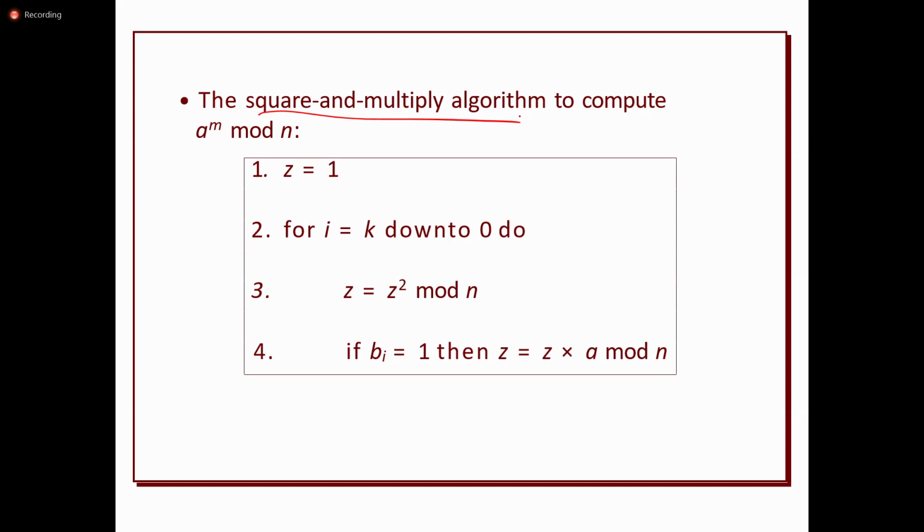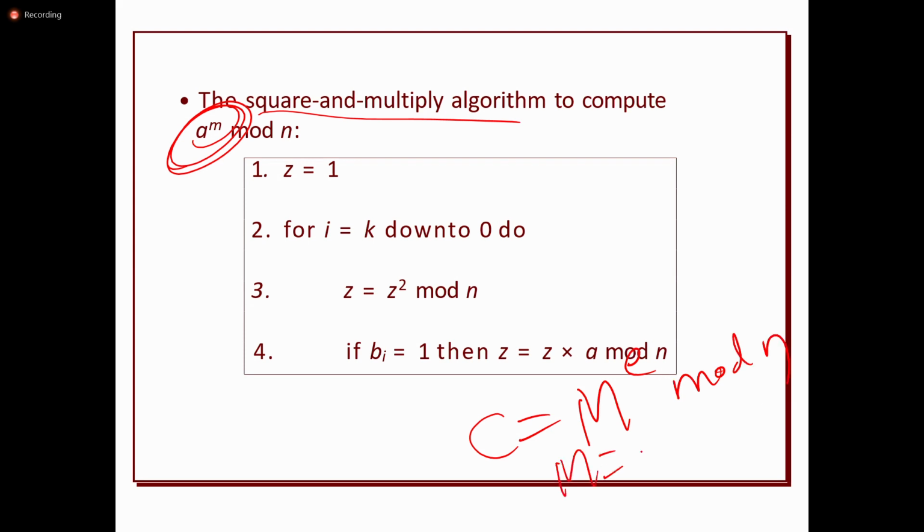In order to compute a power m mod n, in RSA, C is equal to m power e mod n for encryption, and for decryption m is equal to c power d mod n. So we can use this square and multiply algorithm.